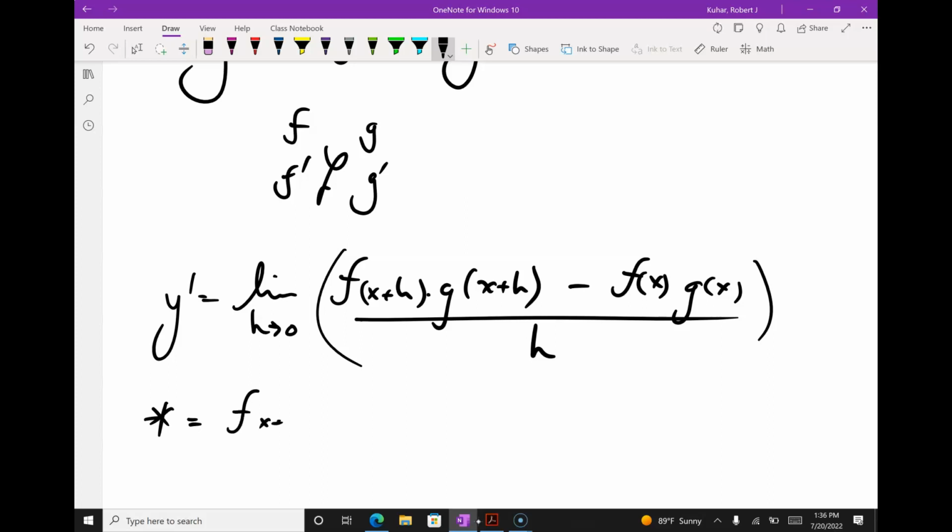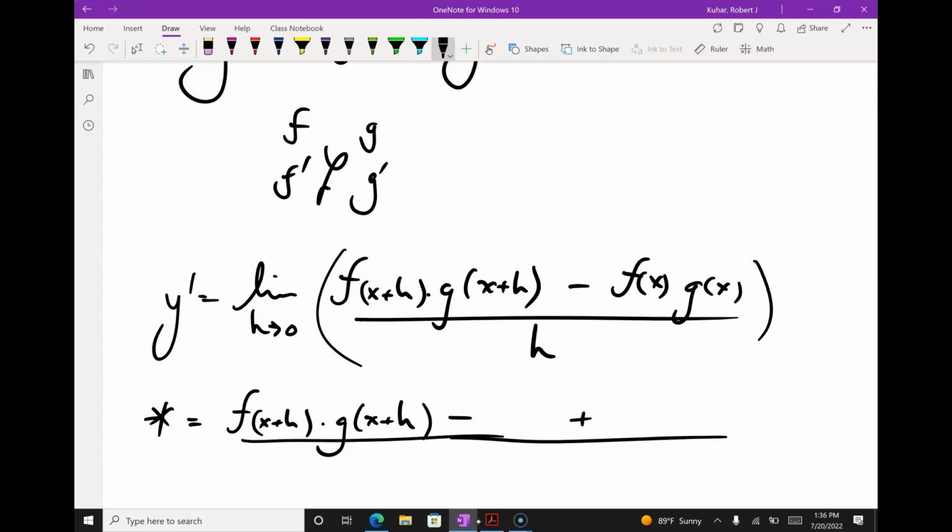So we're going to add 0 to it. So f of x plus h times g of x plus h, minus f of x times g of x, all over h.